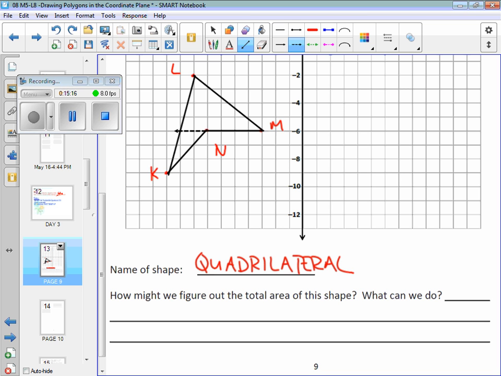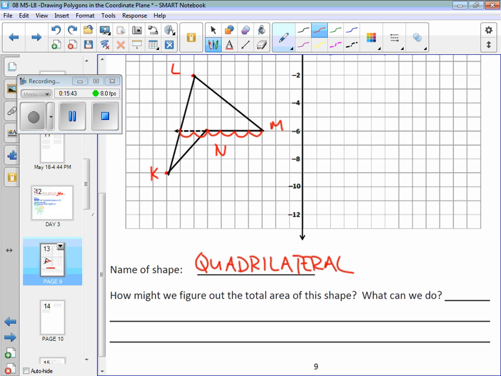In order for this to work, you have to have a countable base. When I say countable, I mean that you got to be able to count the boxes for your base and your height. Do we have two triangles? Yes. Absolutely. So far, so good. Can we count the base? 1, 2, 3, 4, 5, 6.